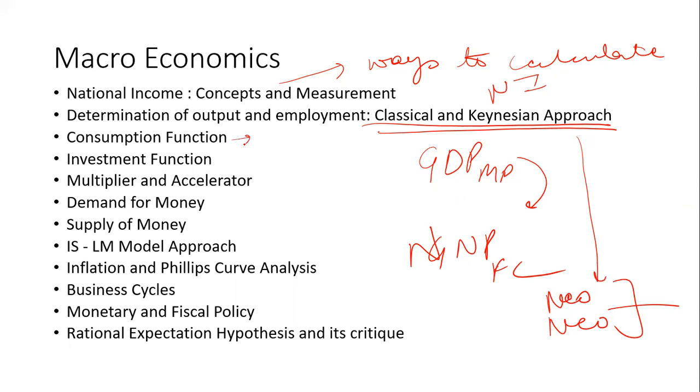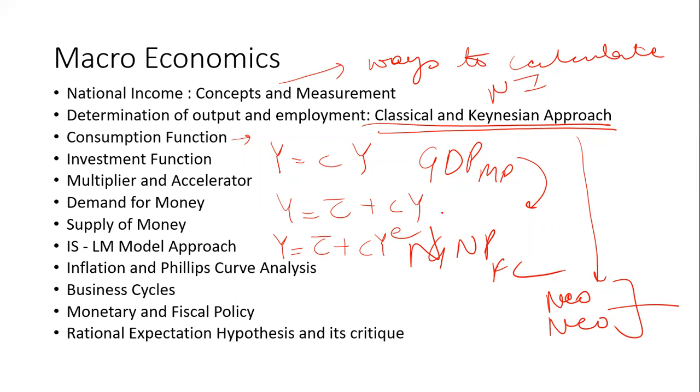Then I'm going to talk about the consumption function. How do I consume and what are the various ways of identifying a consumption function? Does this represent a consumption function or only this represents a consumption function, or this represents a consumption function where I am talking about my expected income?